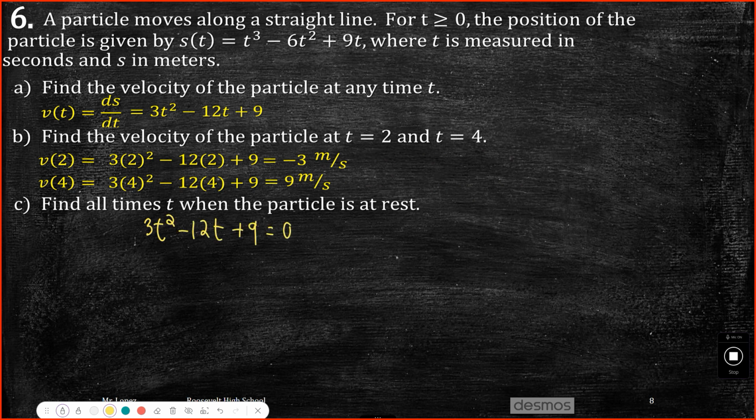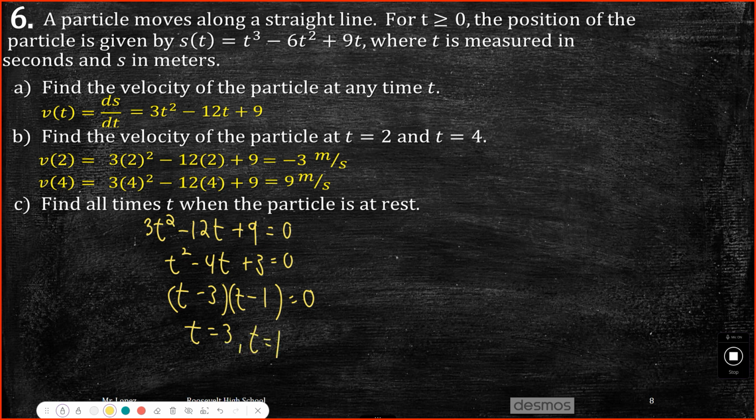We can just divide everything by 3. So then this will be t squared minus 4t plus 3 equal to 0. And then we can just factor here. Negative 3 and negative 1. So t equal to 3 and t equal to 1. So at time equal to 1 and time equal to 3, that's when the particle is at rest.